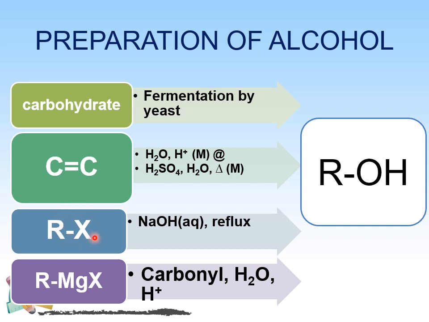The second one is haloalkane undergoing nucleophilic substitution to produce alcohol. And then the third one would be the Grignard reagent reacting with carbonyl compound to form primary, secondary, and tertiary alcohols. All of these reactions we have learned previously.